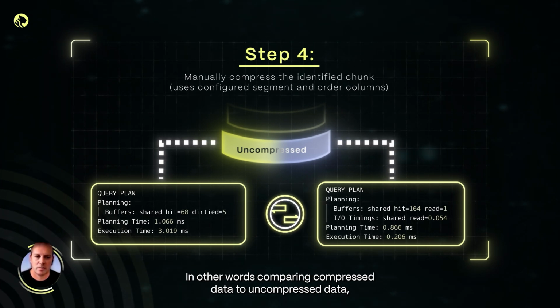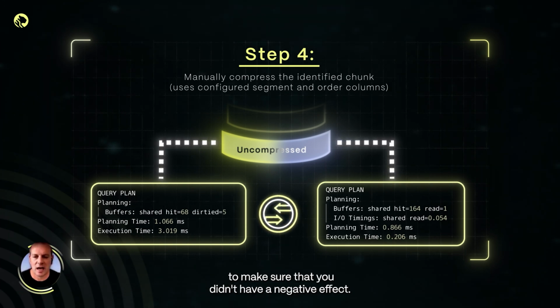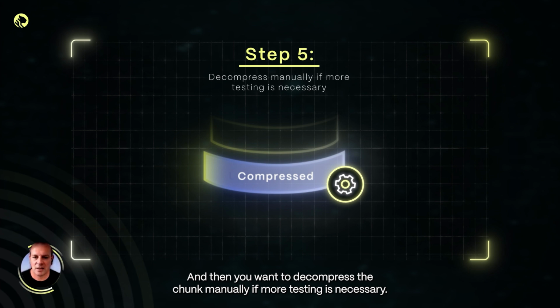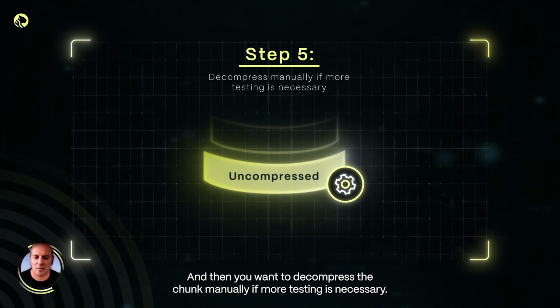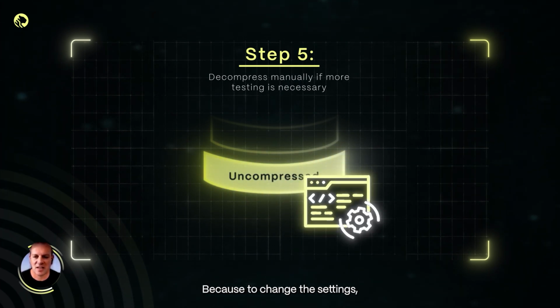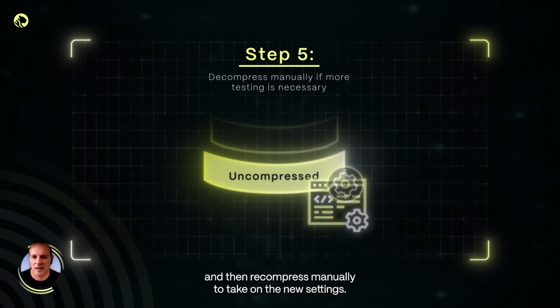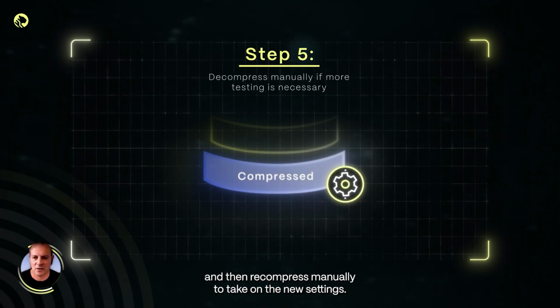In other words, comparing compressed data to uncompressed data to make sure that you didn't have a negative effect. And then you want to decompress the chunk manually if more testing is necessary, because to change the settings, you have to decompress, modify via the alter table, and then recompress manually to take on the new settings.